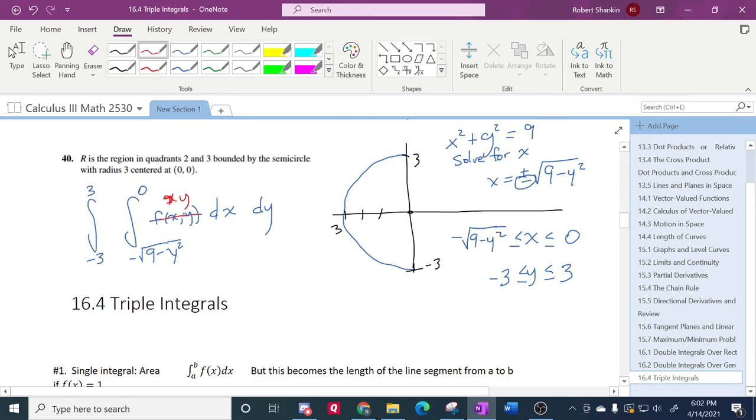So I could immediately see that this area is 0. Because I'm going to get exactly the same height over here, and all the y values are positive. And I'm going to get exactly the same height of the region, the surface above it over here, but negative. And these two will cancel each other out. Everybody following that?